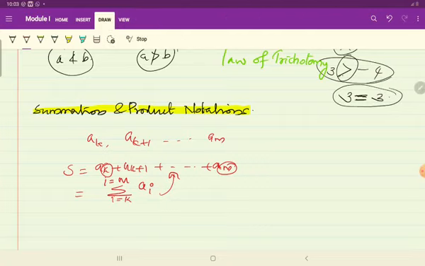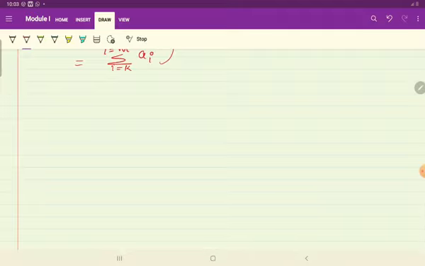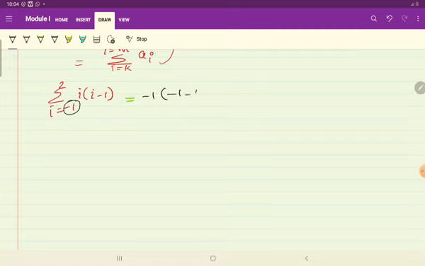So for example, if we consider summation i varies from -1 to 2, i into i minus 1. What will be the sum of these terms? First of all we give the value -1. So i equal to -1 means -1 into -1 minus 1, plus then i gives the value 0, so 0 into 0 minus 1, then 1 into 1 minus 1, plus 2 into 2 minus 1.